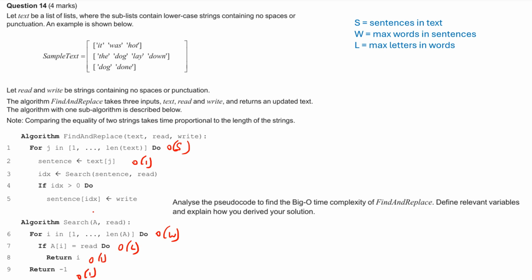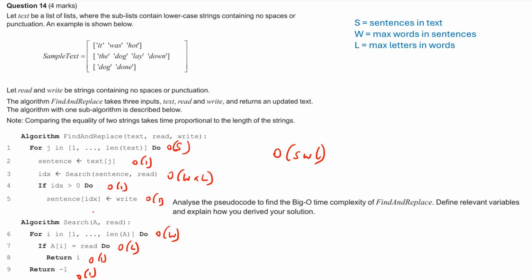So the index here is going to be big O of W times L. And then this bit here is going to be O(1). Writing, I mean, we're not told that anything else needs to happen there. We're not told that takes any longer. So now we've got line 1 happening S times, and for each of those S times, we have line 3 which is happening W times. So we have big O of S W L.